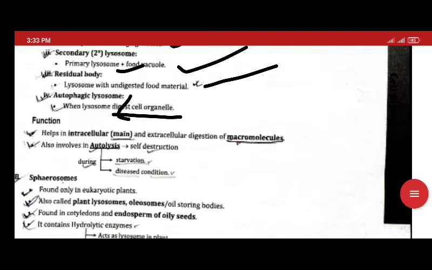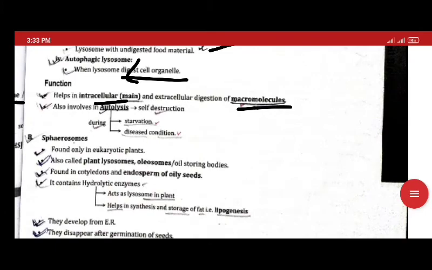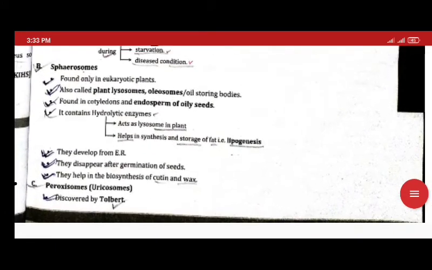Its main function is intracellular digestion of macromolecules, and self-destruction. The second type, spherosomes, are found only in plants. So lysosomes are only in animals and spherosomes only in plants.